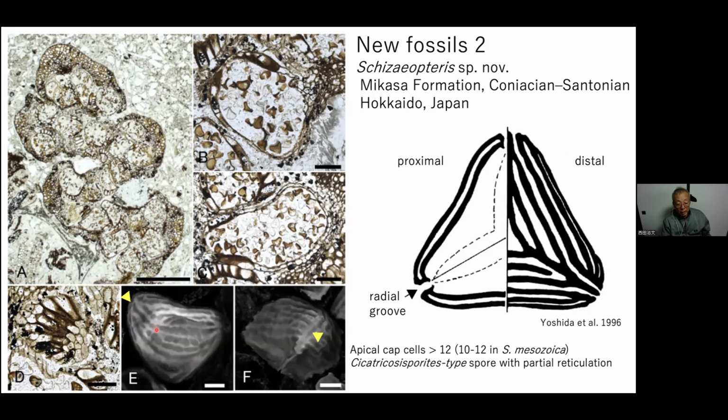And there are muri on the distal side, but you can see the reticulate structure between the muri. So based on these structures, we decided to describe this as a new species of Schizaeales.